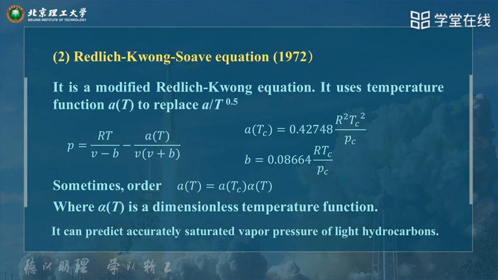We can order A(T) equals A(TC) times alpha(T). Here alpha(T) is a dimensionless temperature function, so for different temperatures we obtain different alpha.